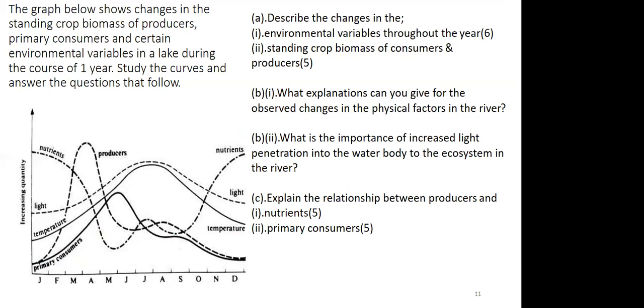So what explanations can we give for the observed changes in the physical factors in the river? The physical factors we have said are the light intensity and the temperature. So why are they changing the way we are observing them? Why does light change the way we have mentioned?